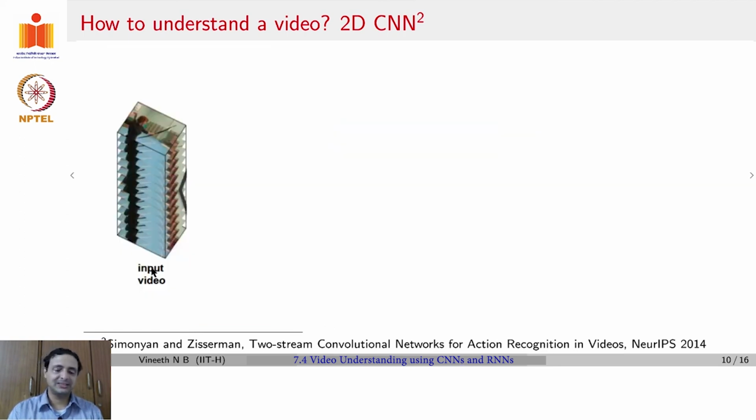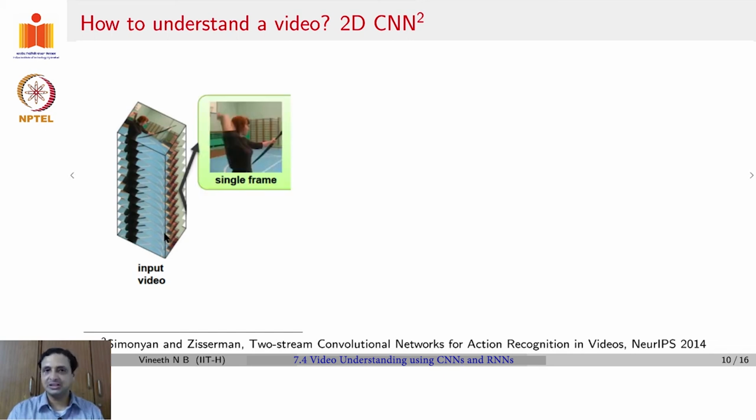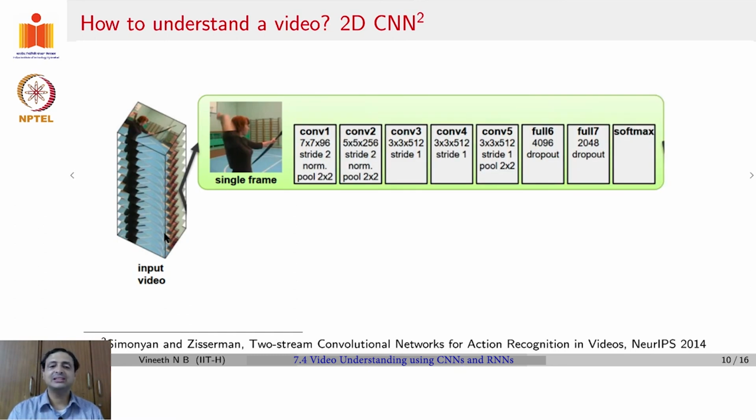So in the two-stream CNN, you have your input video, which is a volume. So you have a spatial stream of the CNN, which takes a single frame, which could be color, and sends it through a standard CNN architecture to get your final output of what action this may be.